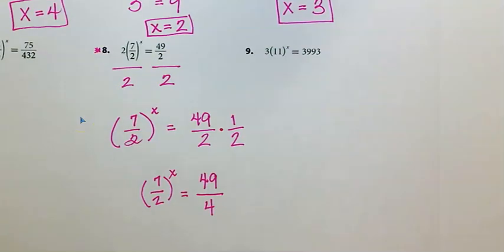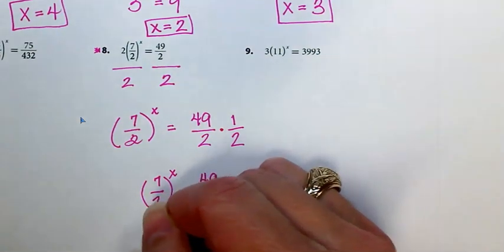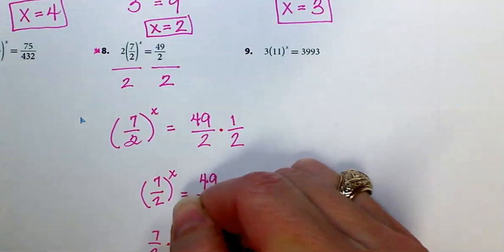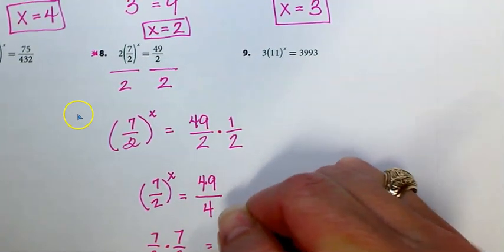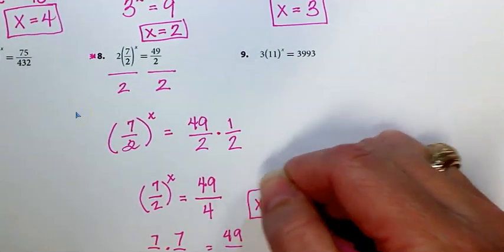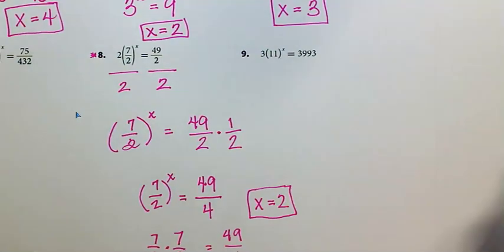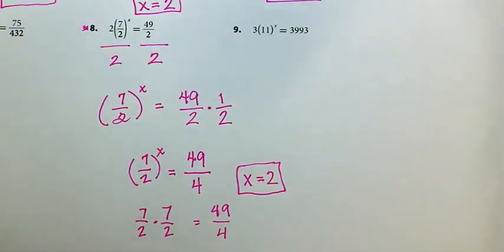Okay, and then I'm hoping that with a little more looking, you start to clue in, hey, 7 squared is 49, and 2 squared is 4. So 7 over 2 squared is 49 over 4, and so that x is going to be a 2. Okay? Ooh, handwriting. Yuck. All right, join me on the next page.